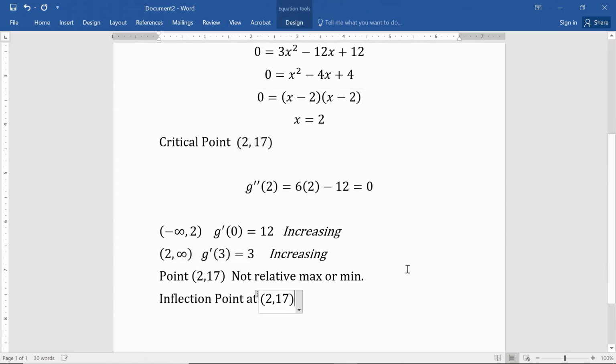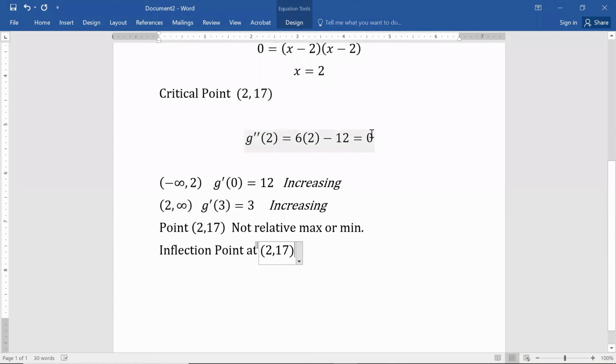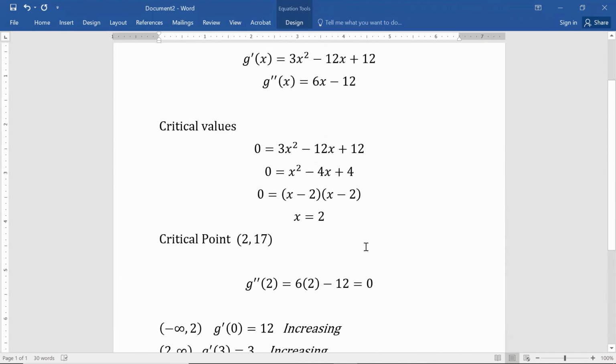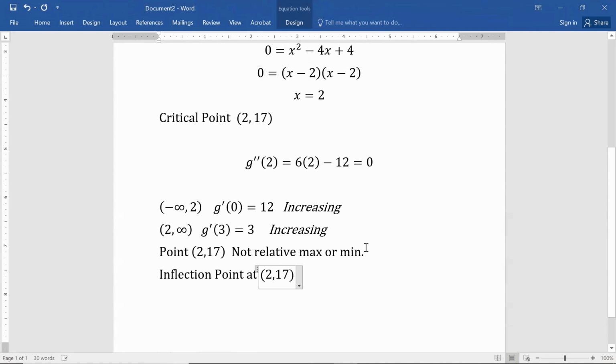So if I put together a few ideas, second derivative being 0, going increasing to increasing, and having a continuous function means we have an inflection point at the point (2, 17). So in this case, we got one critical value, and it was at an inflection point.